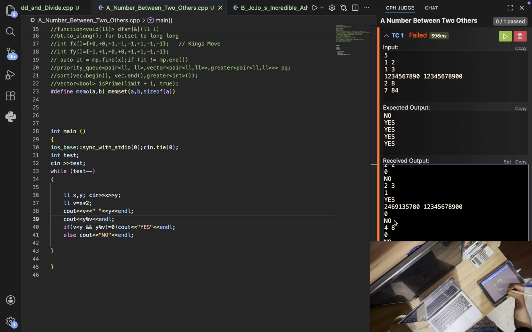It has 2, it has 3, it has 4, it has 5, it has 6, it has every multiple.